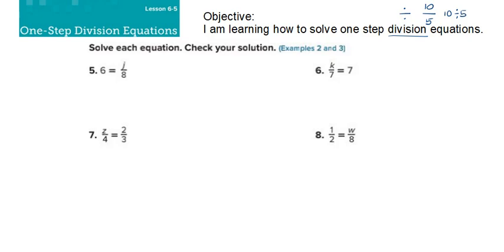Whatever is in the numerator, that's what you start with. And the line, that's the fraction line, that actually means divide, and the denominator is what you're dividing by. So a fraction also means that we are dividing.